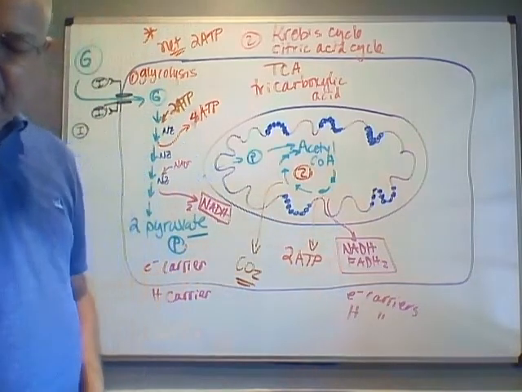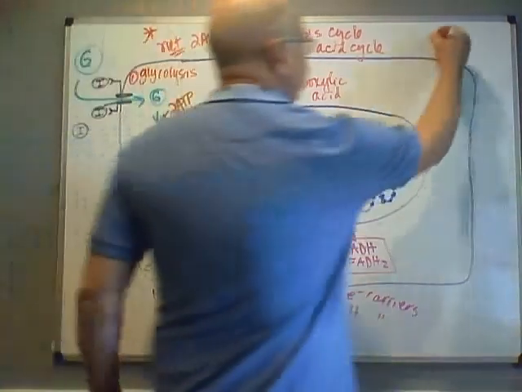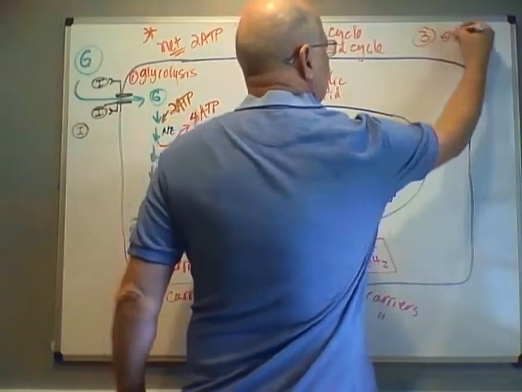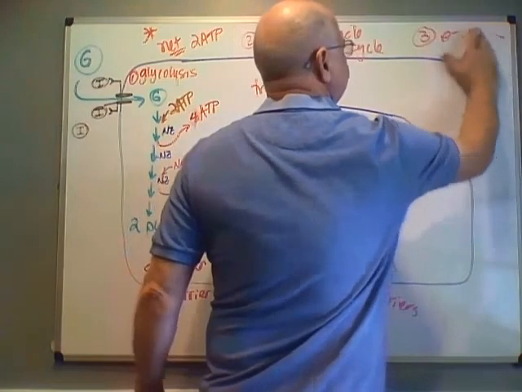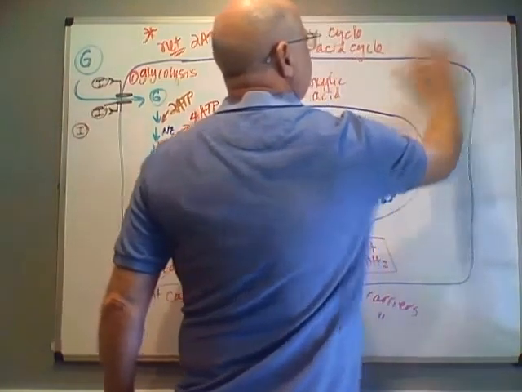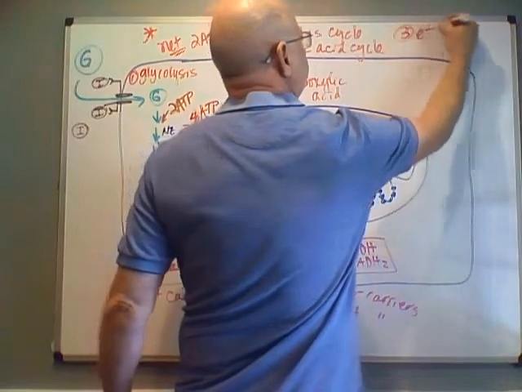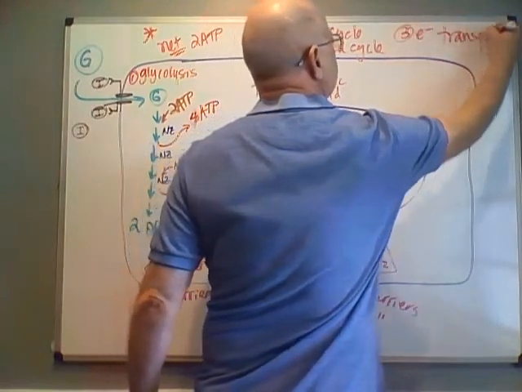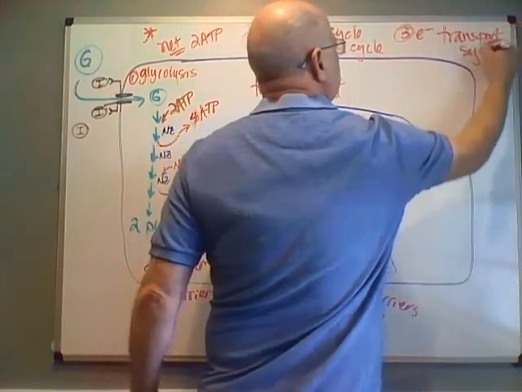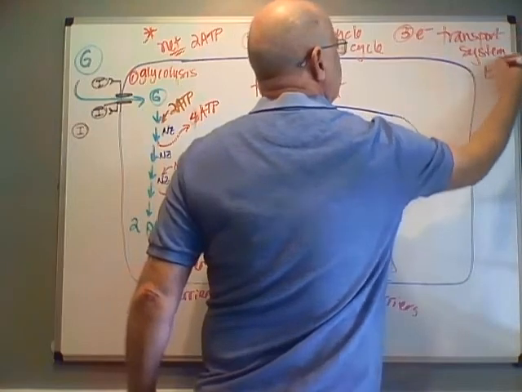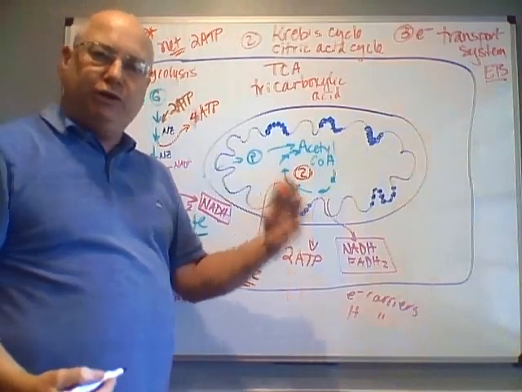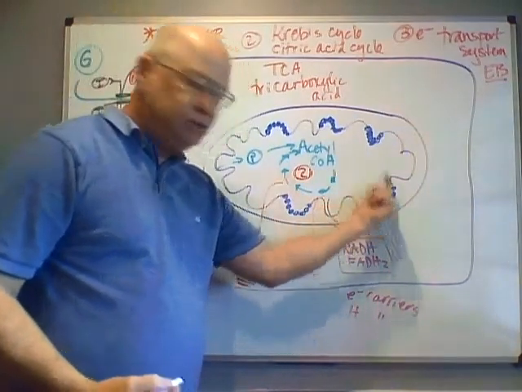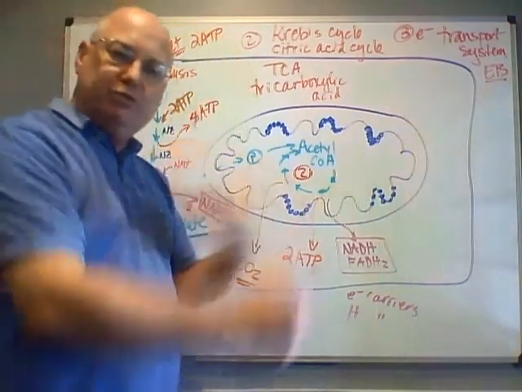Anyway, the last of the 3 steps, the third step, is going to be called the electron transport system, or ETS. Some books call it the electron transport chain because there's a chain of these proteins where we're going to transport electrons around.